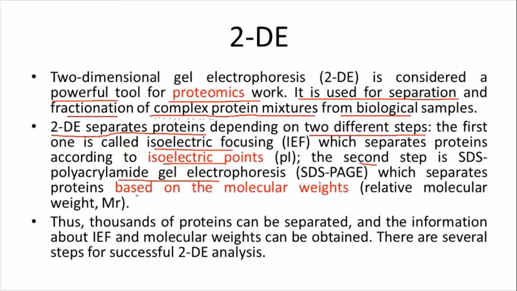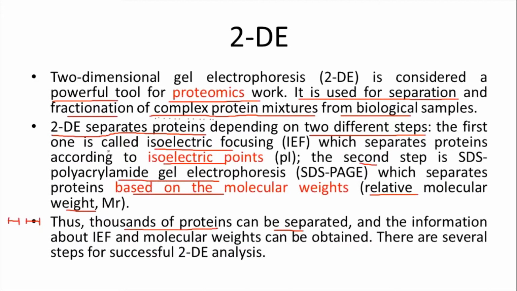You know very well that in SDS-PAGE, protein separation occurs based on molecular weight, especially relative molecular mass. Okay. Thousands of proteins can be separated at a time. But in the case of IEF or SDS-PAGE alone, we cannot separate this much amount of proteins, a mixture of proteins.